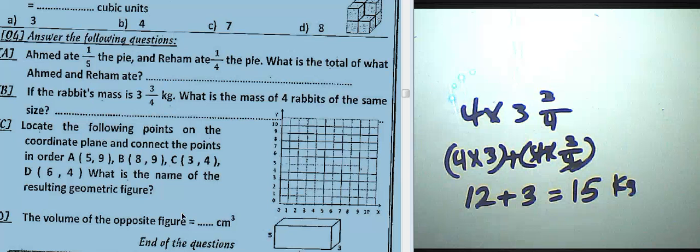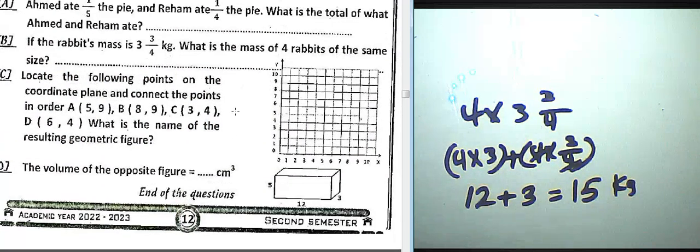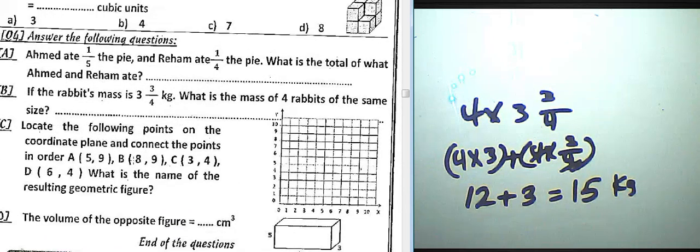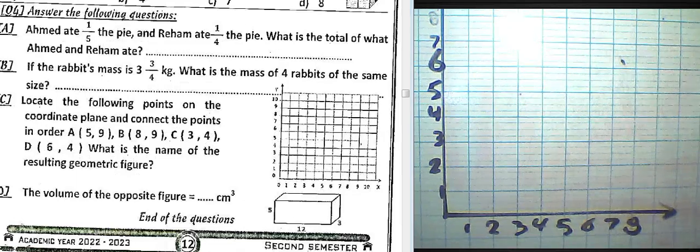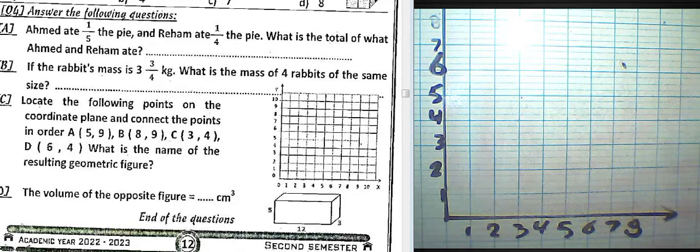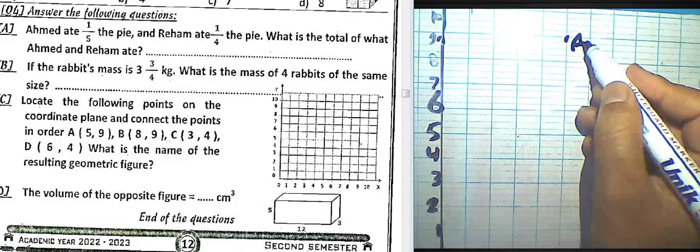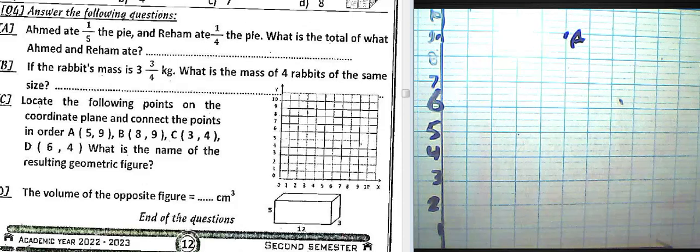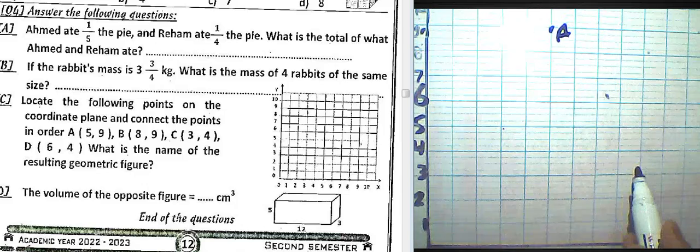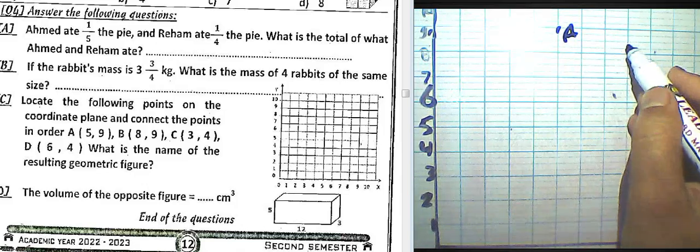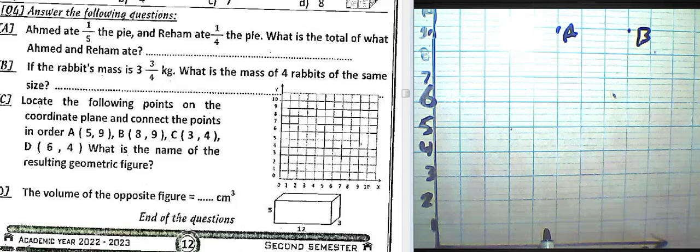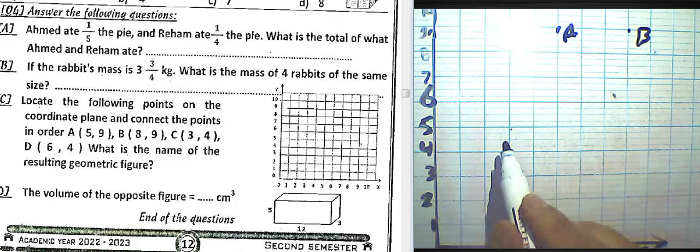Locate the following points in the coordinate plane and there is a geometric figure. Okay, we have the coordinate plane here, point A, 5 and 9. Start from 5 going to 9. B, 8 to 9. 8 here to 9. And C, 3 to 4, 3 and 4.